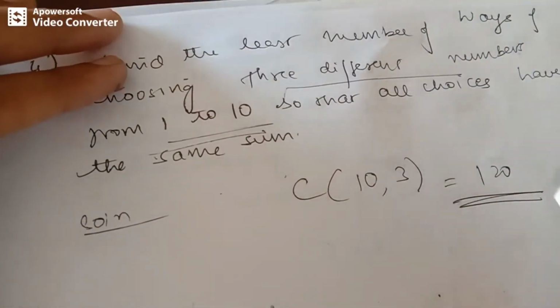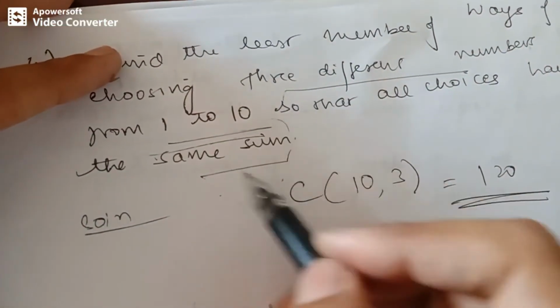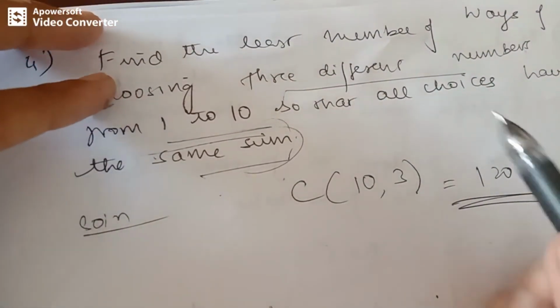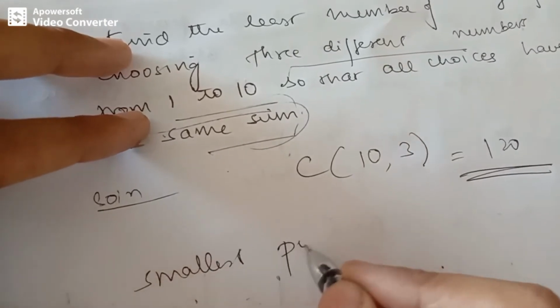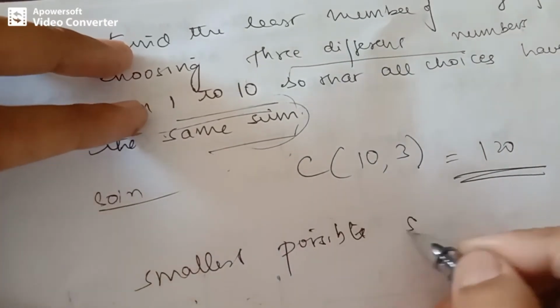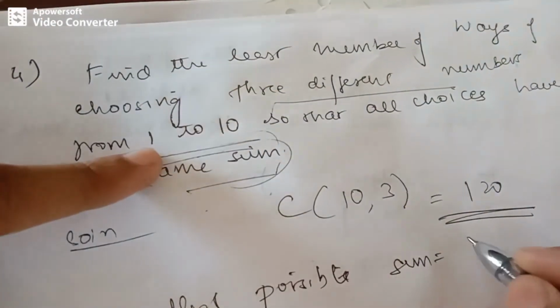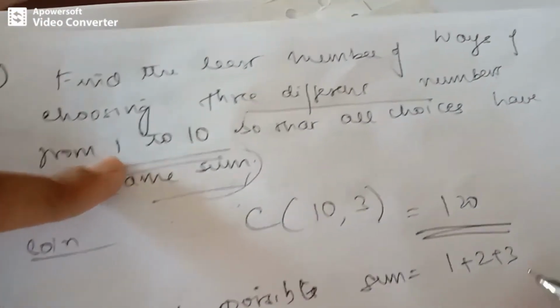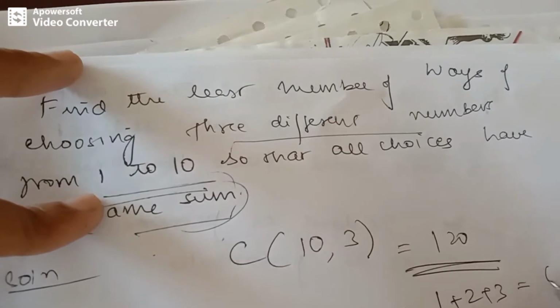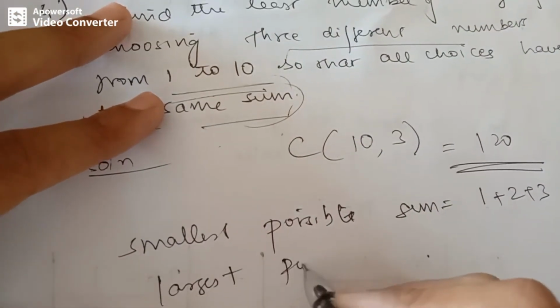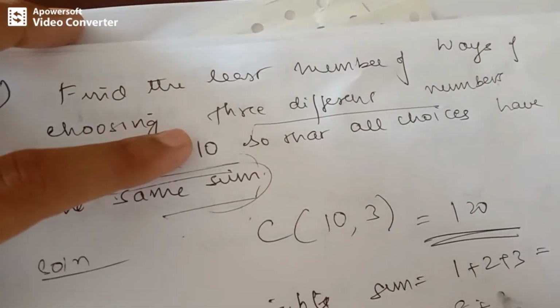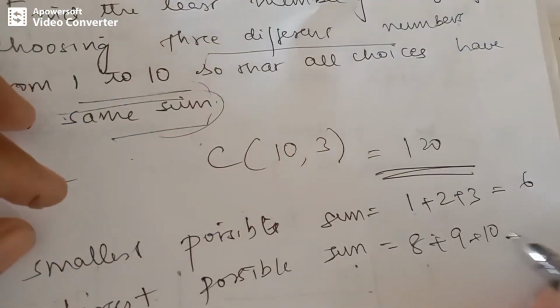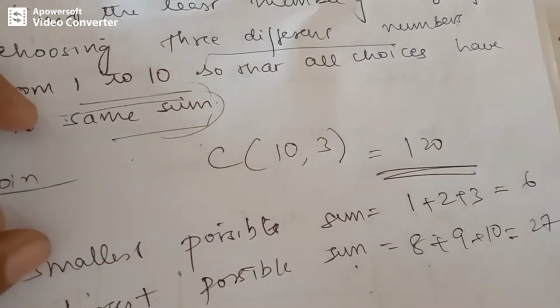So next, we have to calculate the sum by taking just 3 numbers. You can observe that the smallest possible sum we can get is 1 plus 2 plus 3, just taking 3 at a time. The smallest sum we get is 6, and the largest possible sum we get is, you can take the last 3 digits, 8 plus 9 plus 10, which is 27.